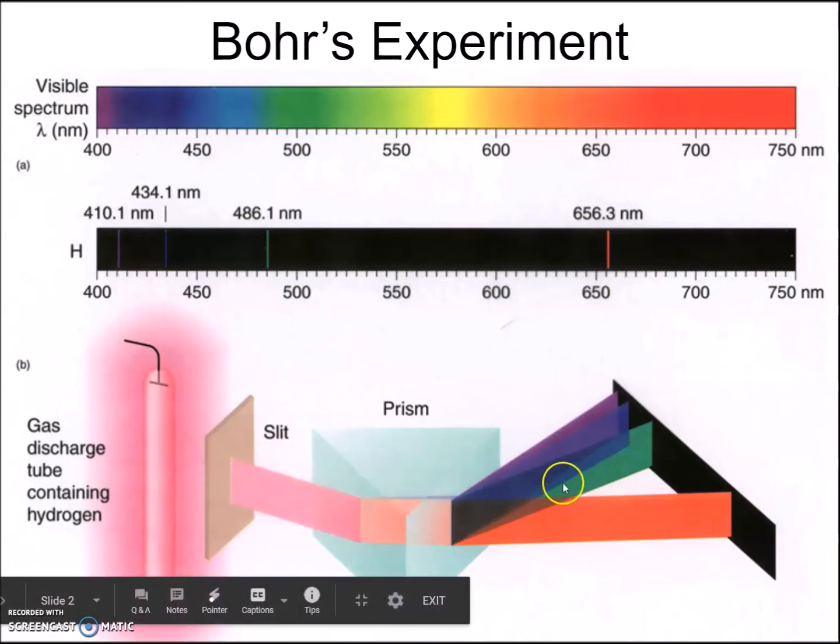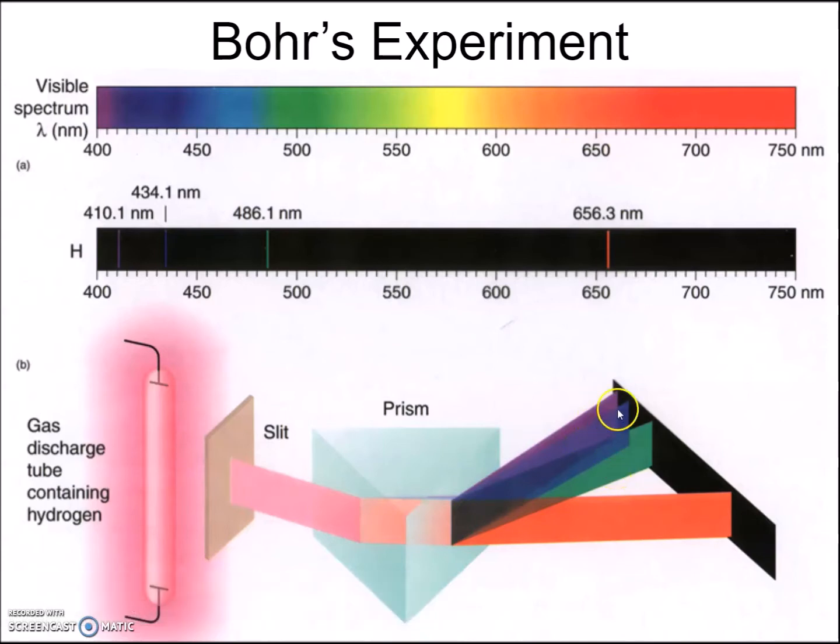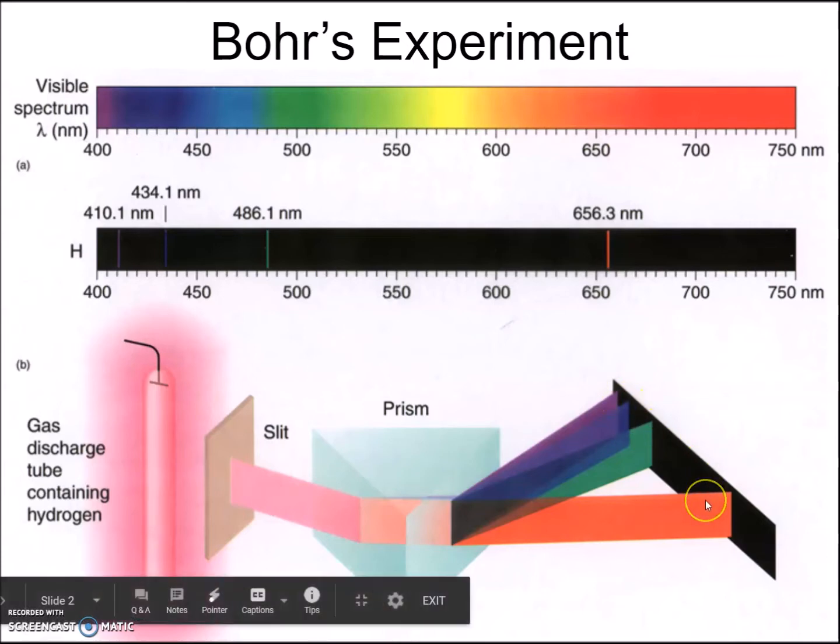And upon being bent, as light does when it's shined through a prism, he found that there are four distinct wavelengths of light that come from hydrogen.